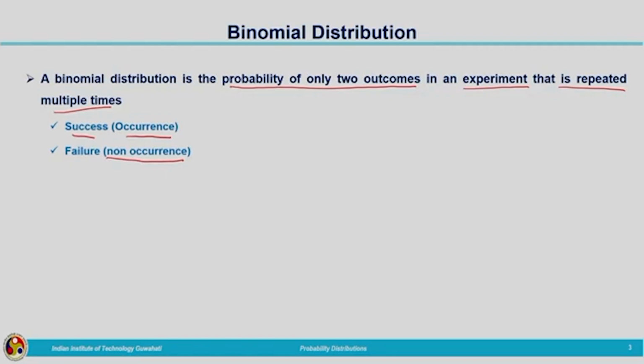After tossing a coin, the probability of getting a head is considered as success, and failure is the probability of getting a tail. In the case of a flood, whether there is a flood or no flood, these are yes or no cases.